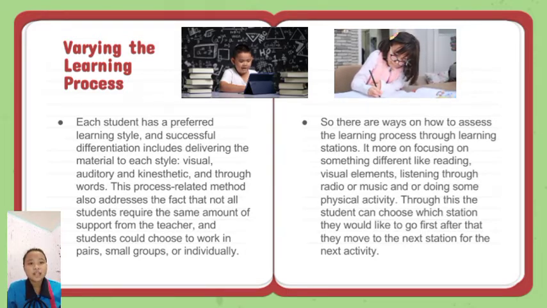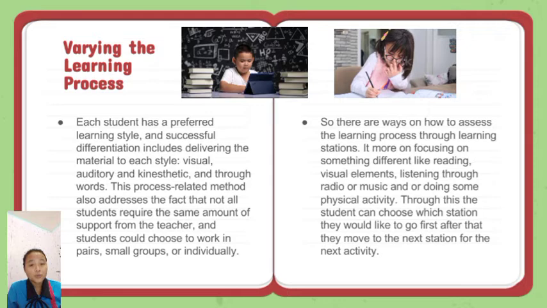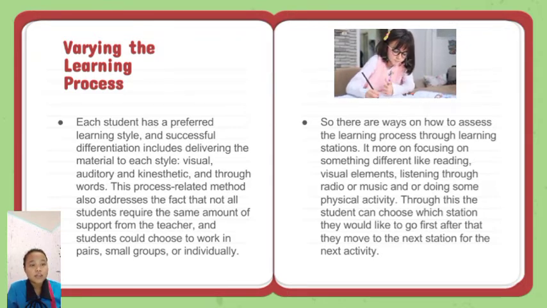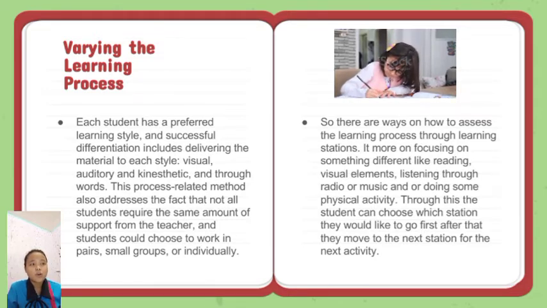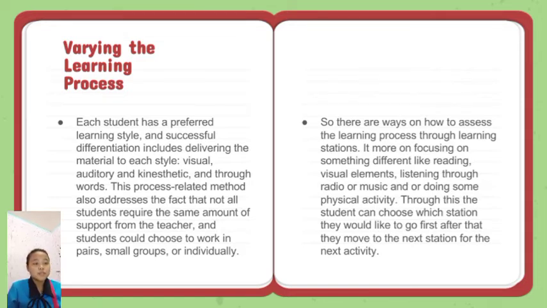Varying the learning process is all about how different students have different ways of learning. So some students might prefer to watch things, or some students might prefer to do physical activity. Some students might prefer to read books in silence.